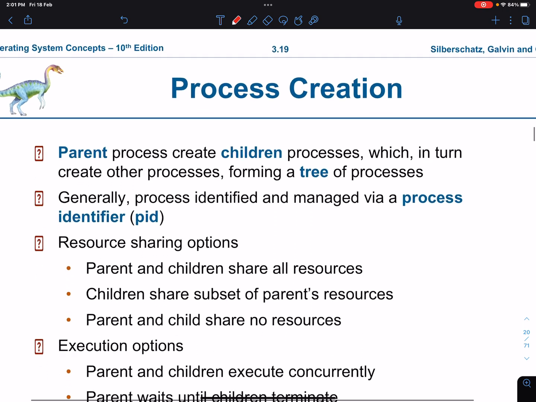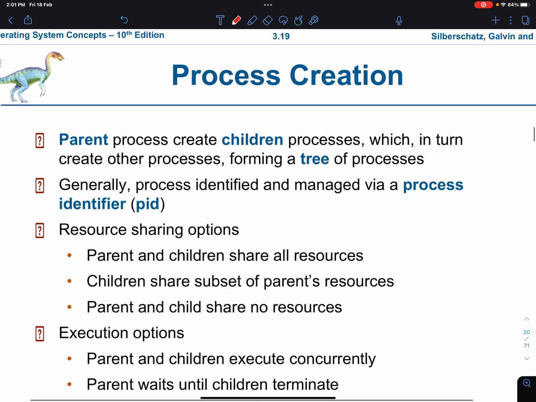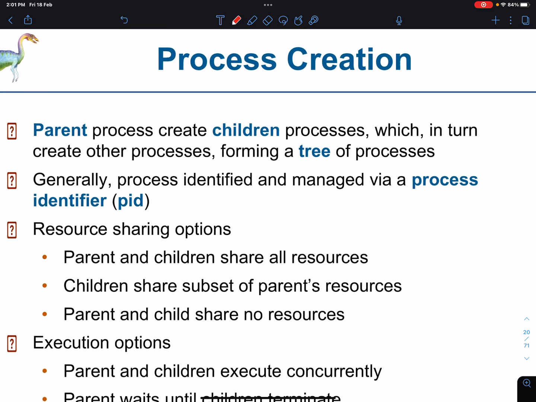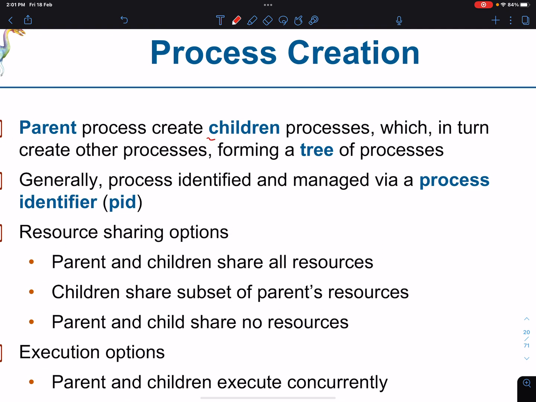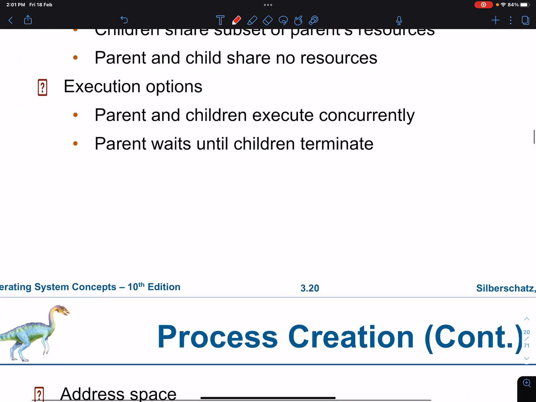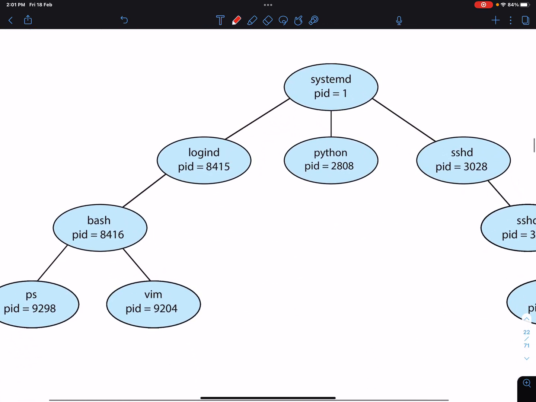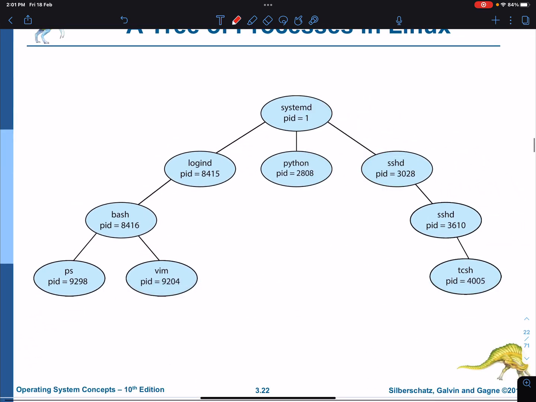For process creation, every process needs a parent to create it. So the parent process creates a child, or children processes, which in turn create other processes, and so on. In this case, you're going to be building a tree, a tree of processes.